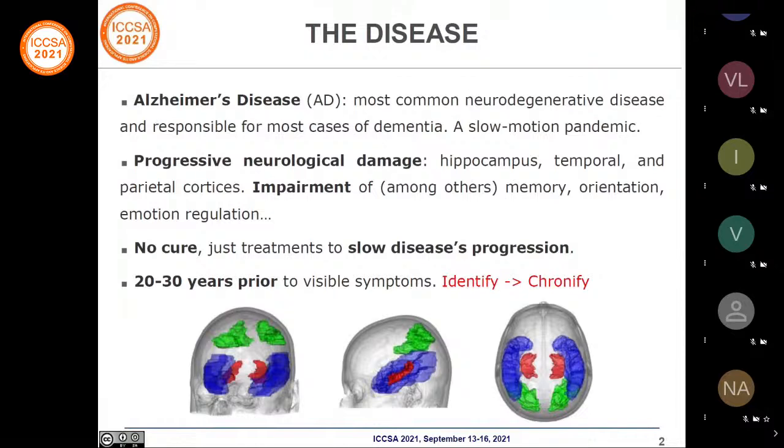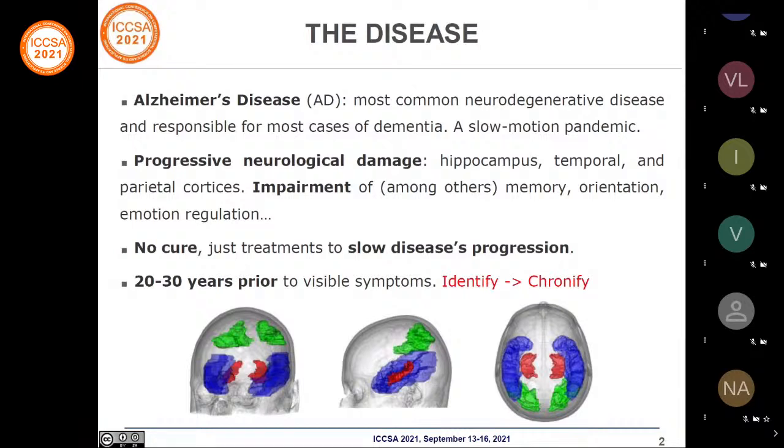I'm working on Alzheimer's disease, which is the most common neurodegenerative disease in the world right now, together with Parkinson's. It's also responsible for most cases of dementia worldwide. It's been called a slow motion pandemic, not only because it develops very slowly, but also because it's present in one of the most vulnerable sectors of our society.